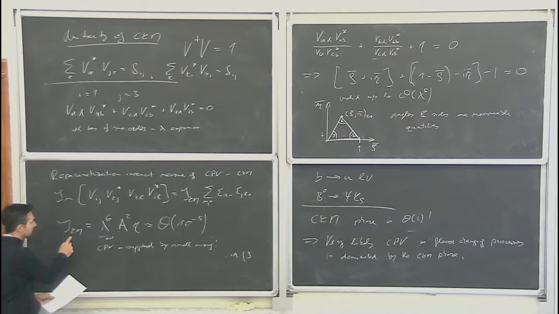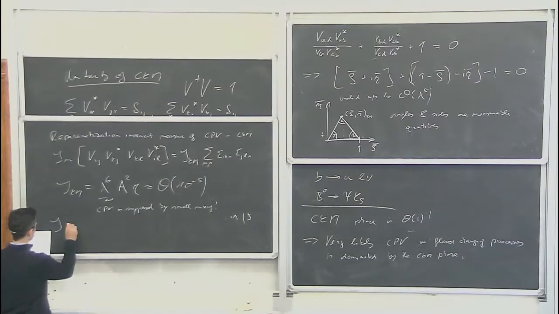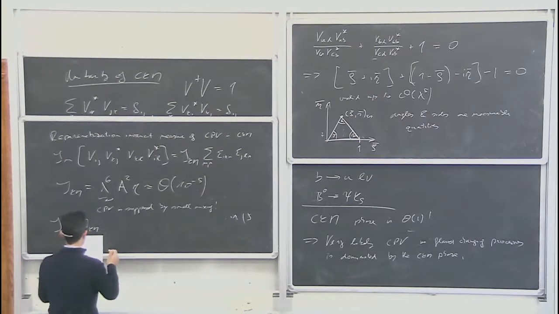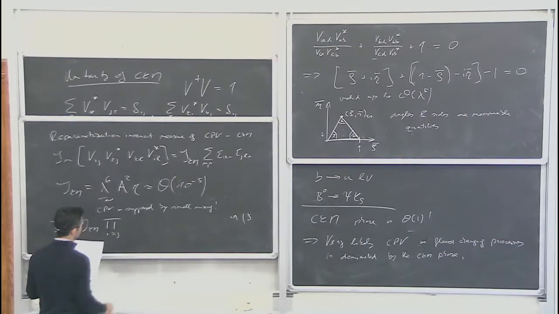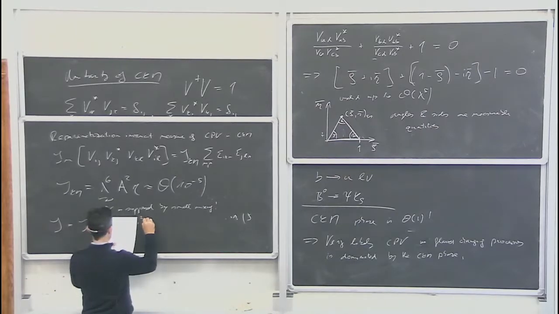So it's a small number, but it's small because of the hierarchical structure of the CKM. And now we can relate this J_CKM to the Jarlskog invariant. So the Jarlskog invariant J can then be written as J_CKM times the product of all flavor pairs, where i is bigger than j, of (m_i squared minus m_j squared) over v squared.